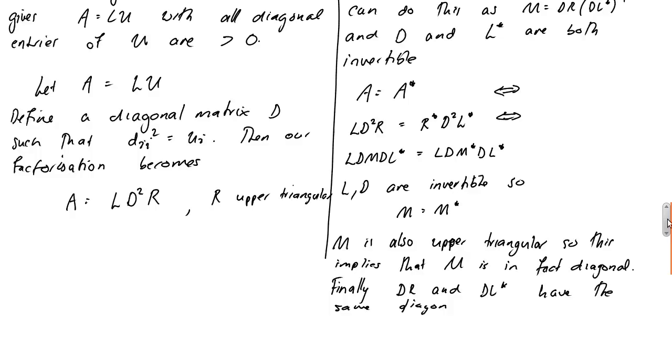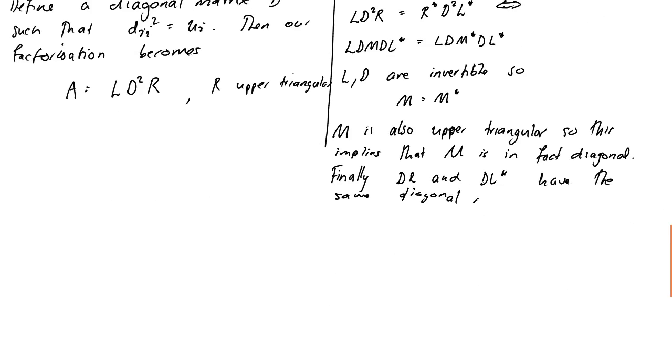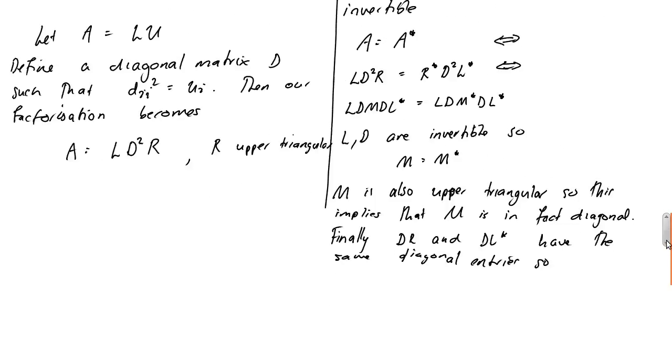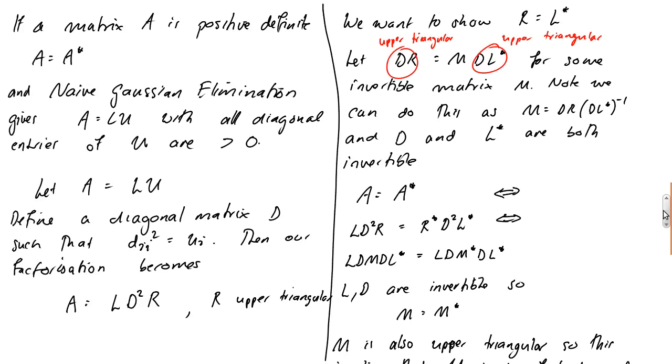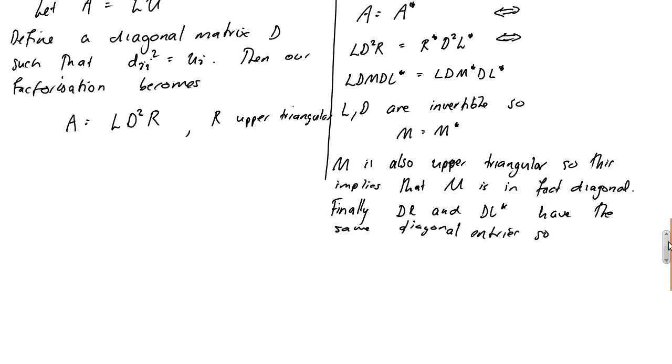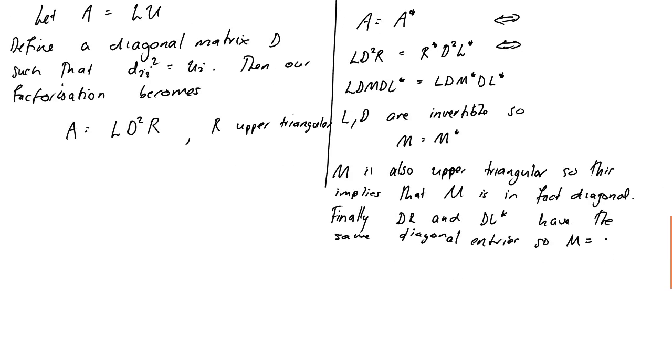Let me scroll down a bit. So that implies from our above relationship here that M is not only diagonal, but M is the identity. Okay, so hence A is equal to L D squared L star.